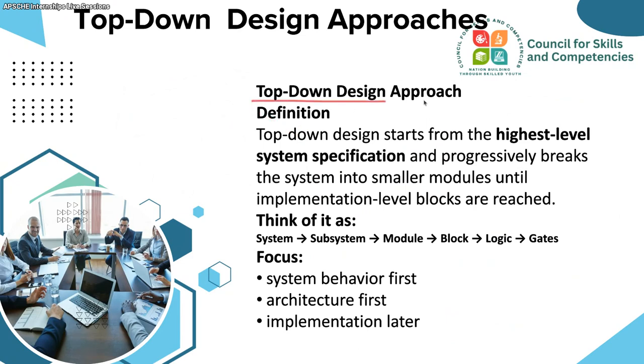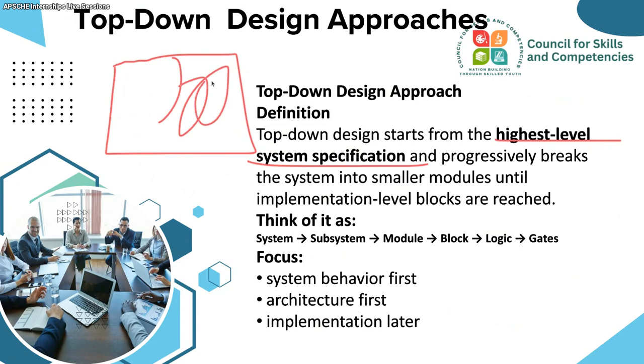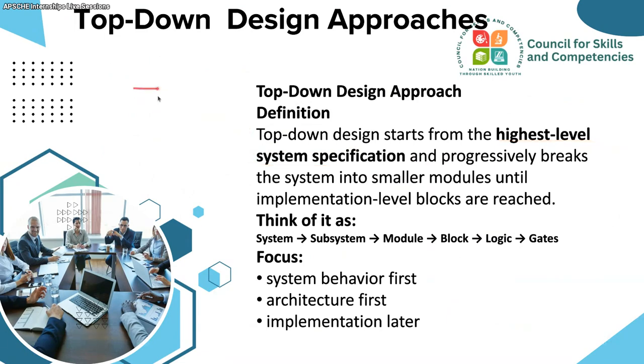In the top-down design approach, it starts from the highest level system specification. We tell what the system wants to do, and progressively we split it into smaller modules until the implementation level blocks are reached.